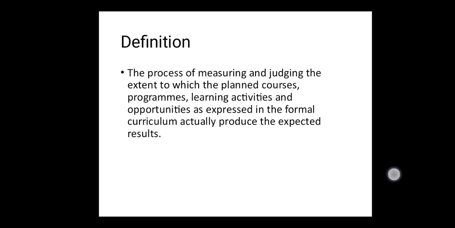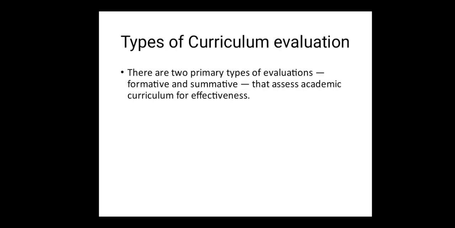Now let us see what the types of curriculum evaluation are. There are two major types of evaluation: formative evaluation and summative evaluation. The terms are familiar to you. What is formative evaluation and what is summative evaluation?